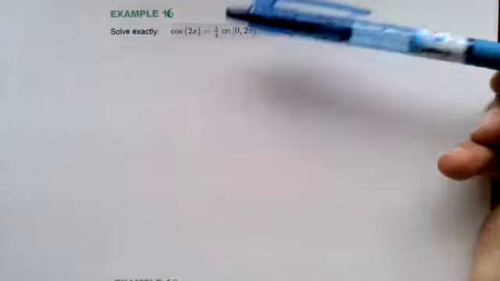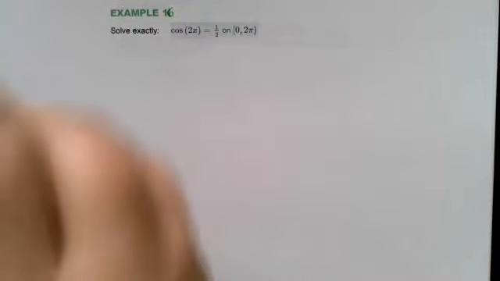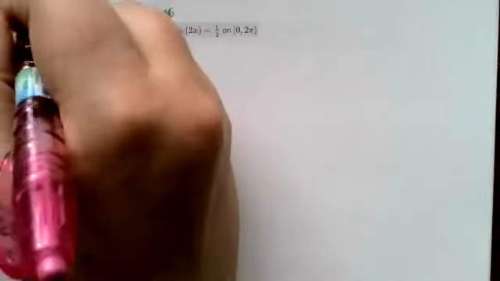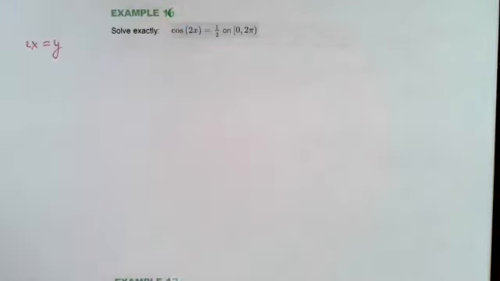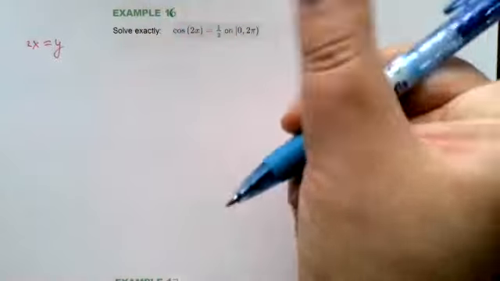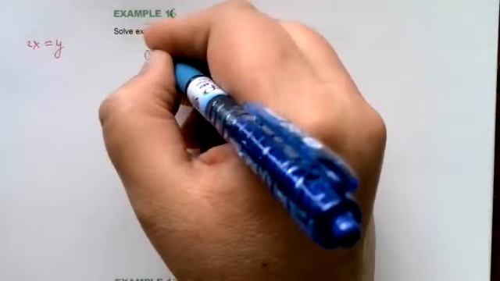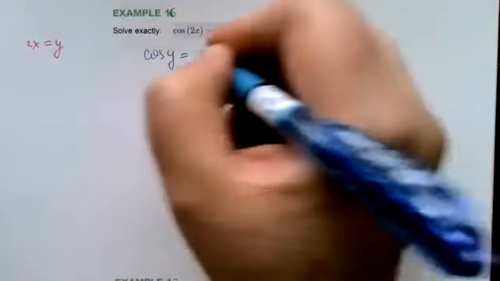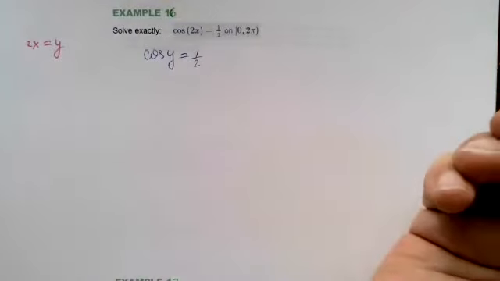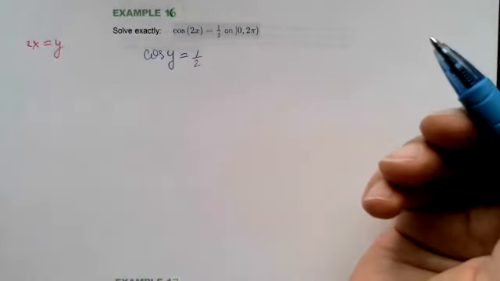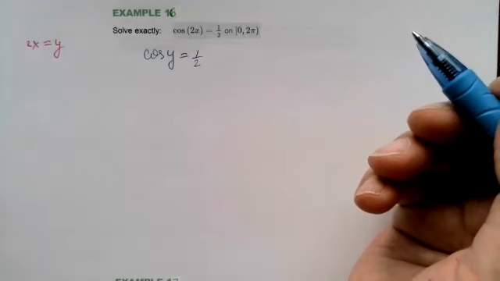In order to see that, I encourage you to do the substitution. So we're going to call 2x a y. And what happens? Our equation becomes cosine y equals 1/2. And we already know how to solve those types of equations, right? They're pretty straightforward.